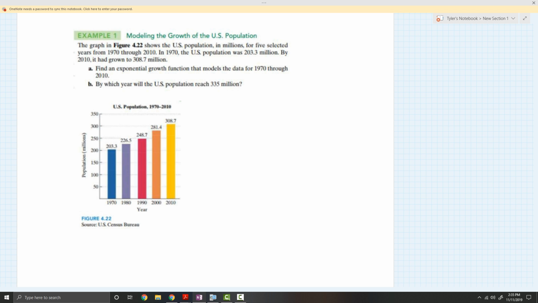So we want to find an exponential growth function that models the data for 1970 through 2010. So let's do that. For part A, we're trying to find this exponential growth function. So what we have is A equals A sub 0 e to the kt.